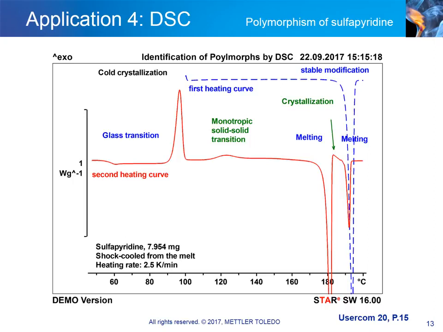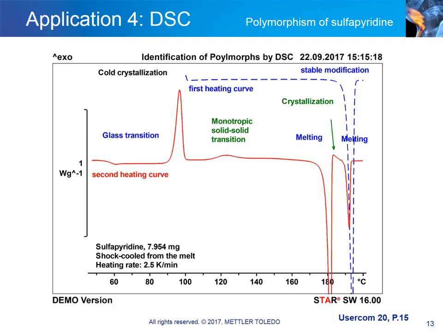The example shown here presents the heating curves of sulfapyridine, which is used for its antibacterial effects. The sample was first heated to 200 degrees Celsius. See the blue curve. The sharp endothermic peak at around 190 degrees Celsius indicates the melting of the stable structure.